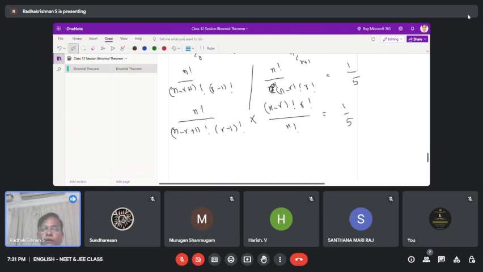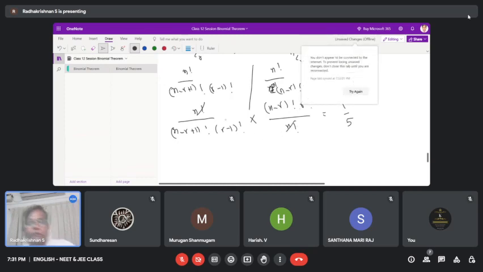See, if you come across an expression like this, you have to see this (n minus r) factorial and (n minus r plus 1) factorial. These two will get cancelled out because one has terms up to n minus r, and the other has only one more term, which is n minus r plus 1. So you can cut it and put it as n minus r plus 1.